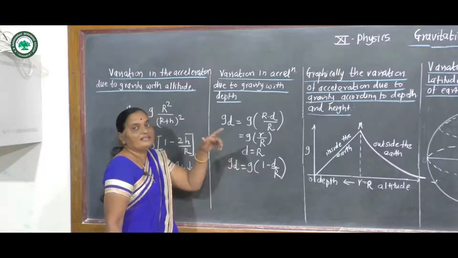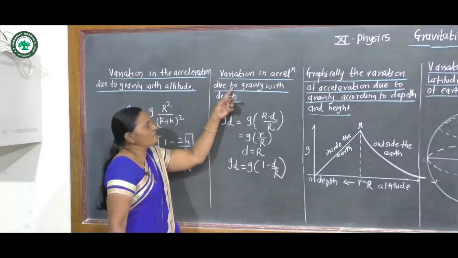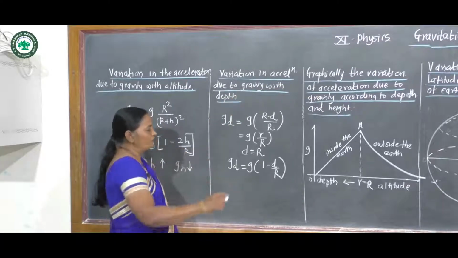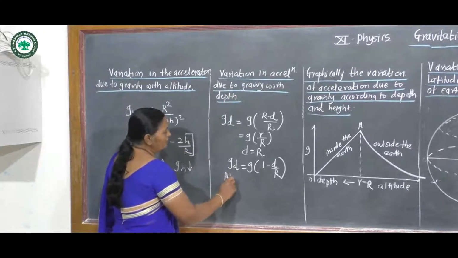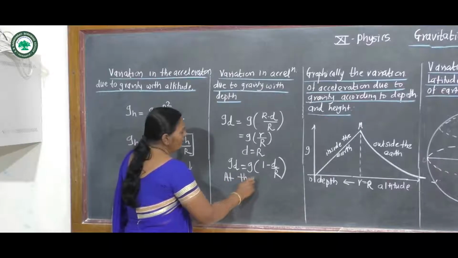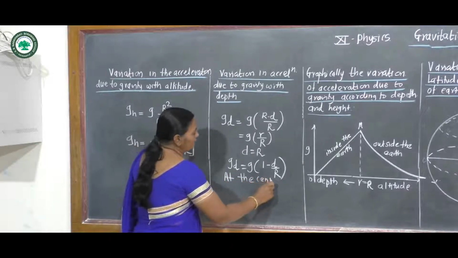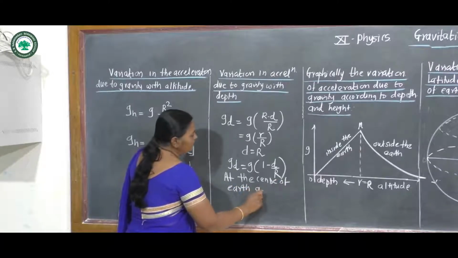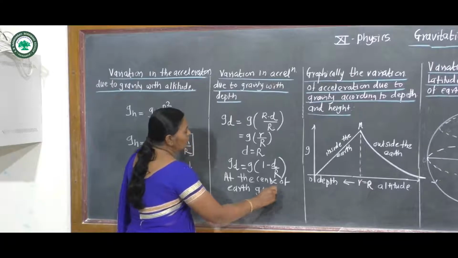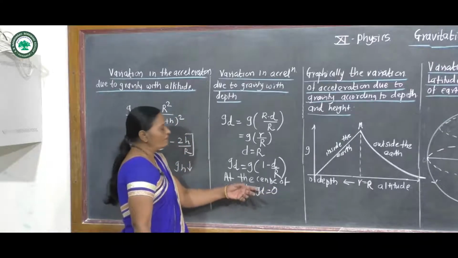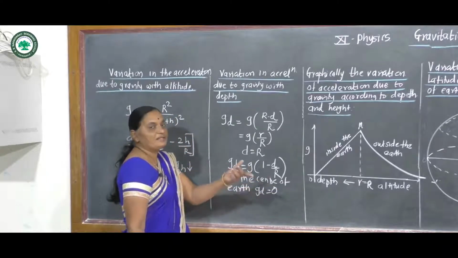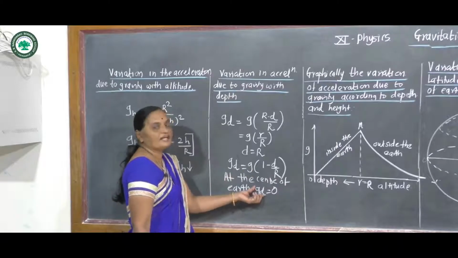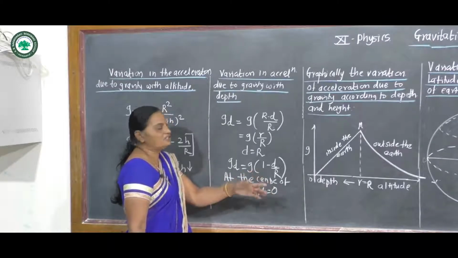That is, at the center of earth, acceleration due to gravity g_d is equal to 0. Now there is an object having mass m, but the force acting at the center is 0.